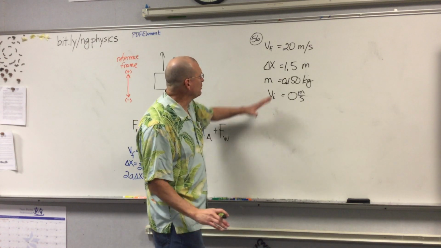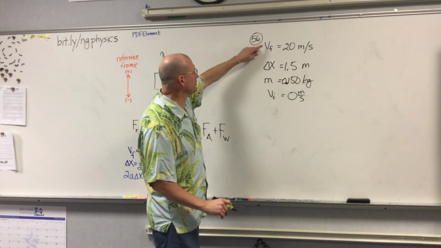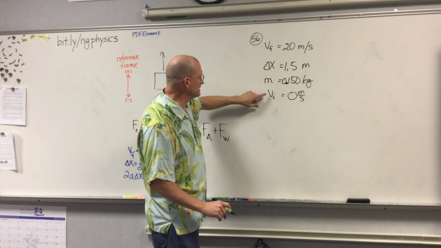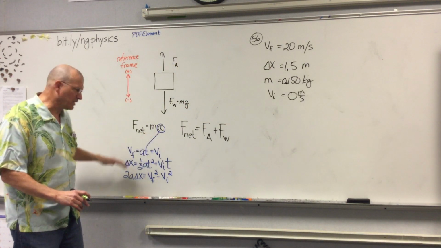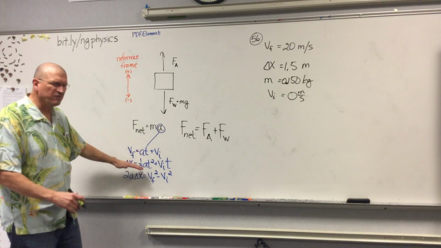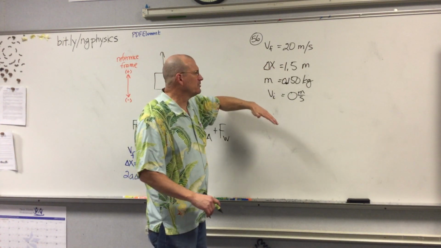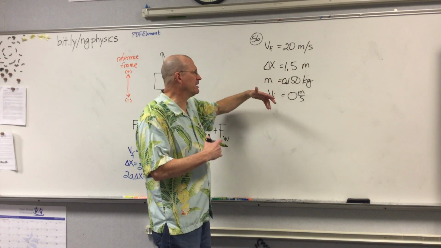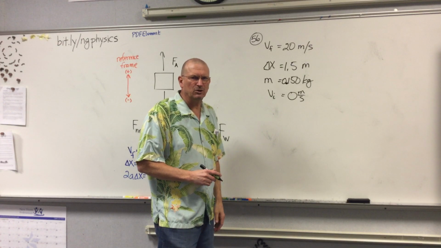And what most people look at when they're seeing this combination here is I see the vf, the delta x, and the vi. And they think, I got an acceleration equation, which is good. I can find an acceleration, and then I have a mass, so I could find the net force, and then, okay, I'm done. But that's not what we're actually looking for.